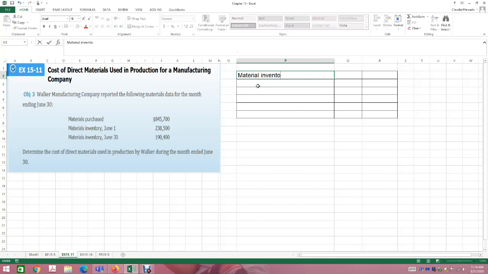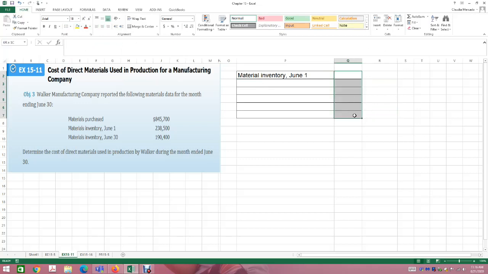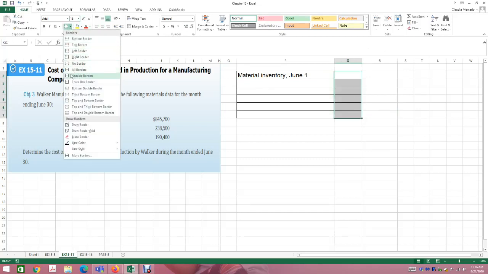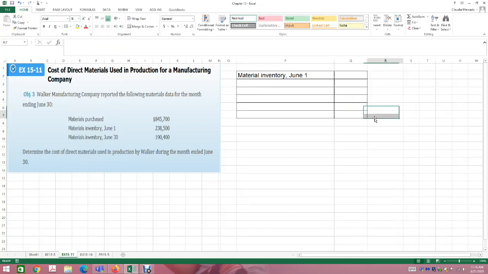So let's start right here. Materials inventory, June the 1st. For this one I just need one column, I don't need two. So my materials inventory is $238,500. Let me put some commas here. There we go.